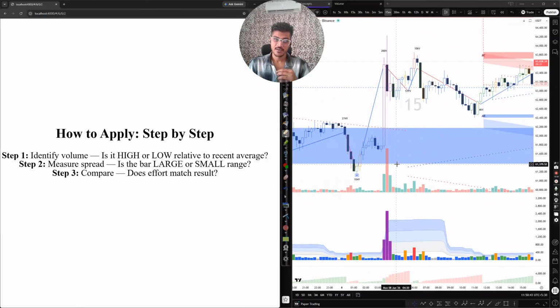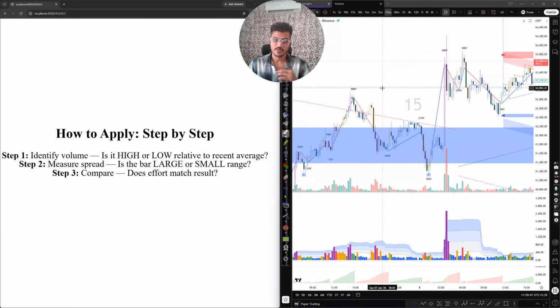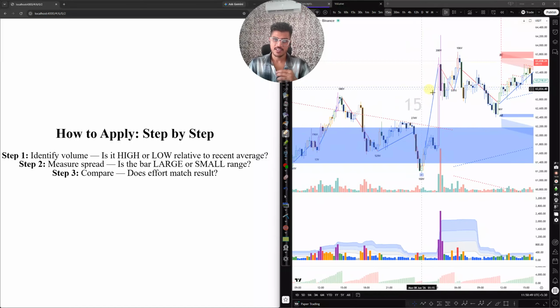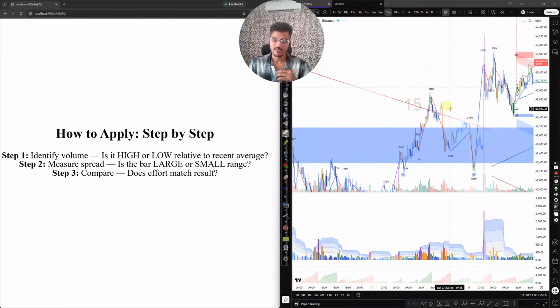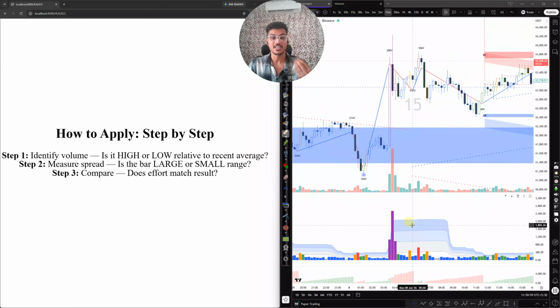Here you can see, this was a very big move. This is one of the biggest candles so far, but the volume is not that much, it's not that climactic volume. That's why the market stopped and we saw the reversal.